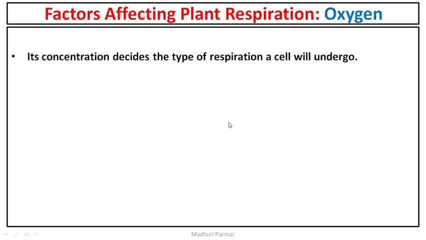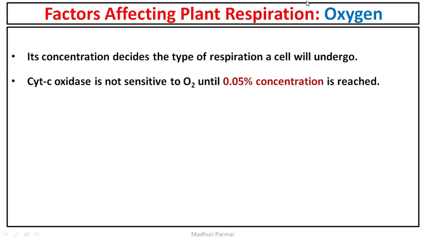Oxygen: it is the concentration of oxygen which decides the type of respiration. If there is less oxygen, then of course it will go for anaerobic respiration. If oxygen is present, then the system will go for oxidative or aerobic respiration. Cytochrome C oxidase, which is your complex number 4, is not sensitive to oxygen until 0.05% concentration is reached.